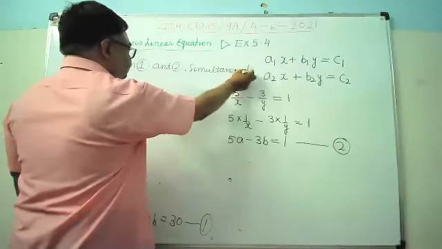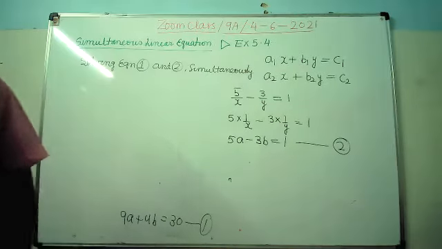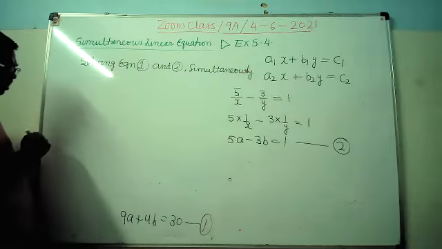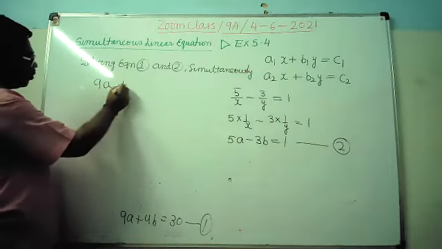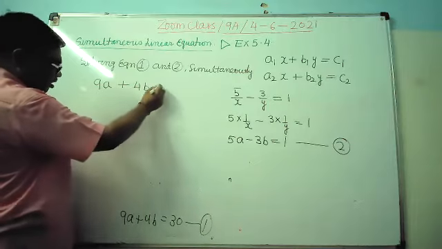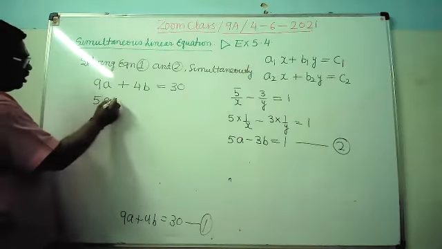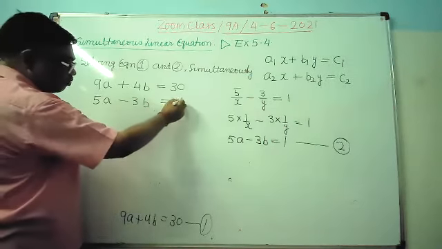And by which method? We will prefer to solve by elimination method. 9a plus 4b equals 30 and 5a minus 3b equals 1.